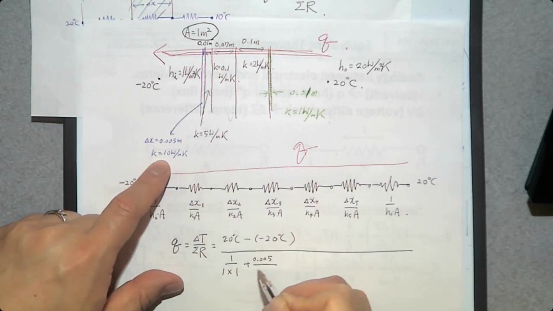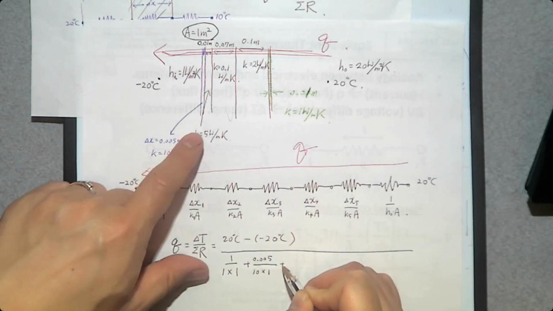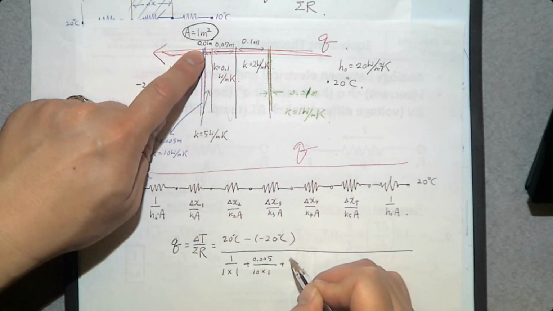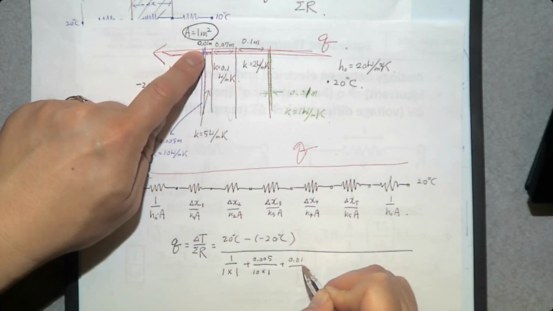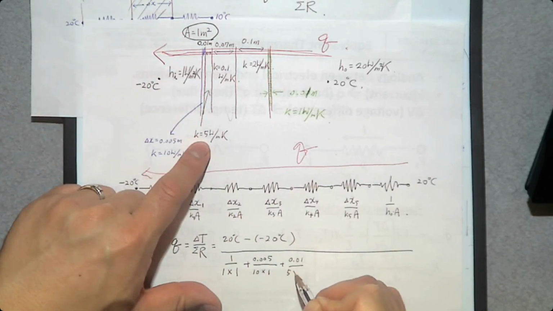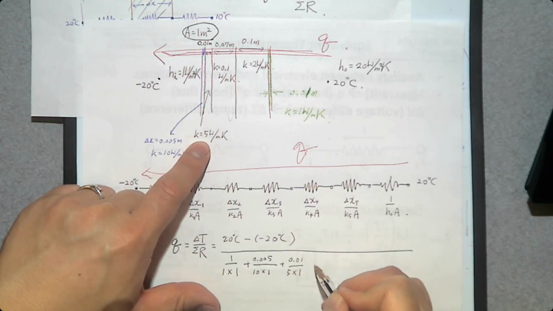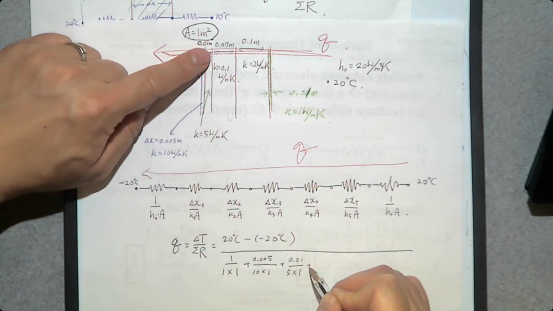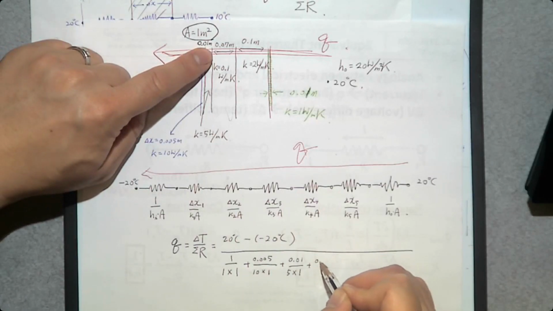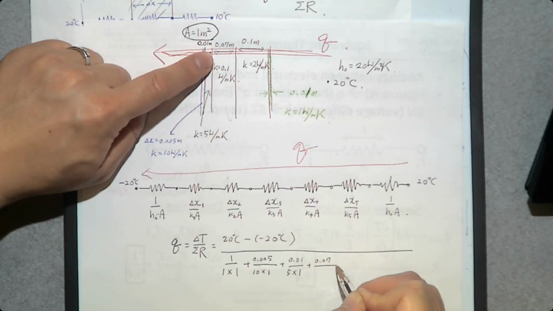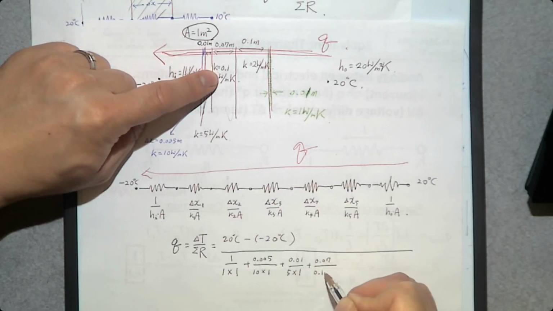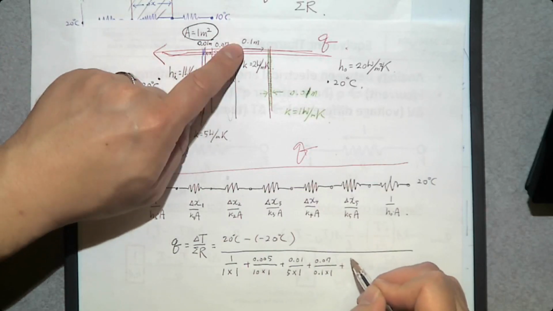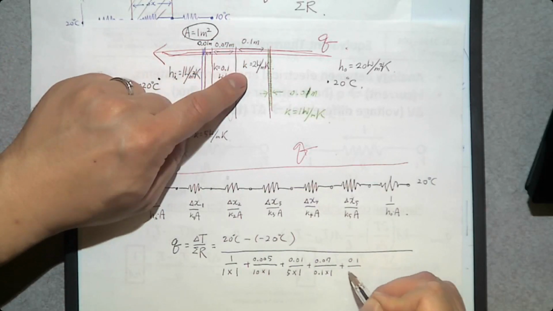What is the thermal conductivity of the paint? 10 times unit area. Plus the thickness of this drywall, 0.01, divided by the thermal conductivity of drywall, 5 times unit area. Plus the insulation. The thickness of the insulation is going to be 0.07, and the thermal conductivity is pretty low, 0.1 times unit area. And the thickness of this wall is going to be 0.1 divided by thermal conductivity 2 times unit area.